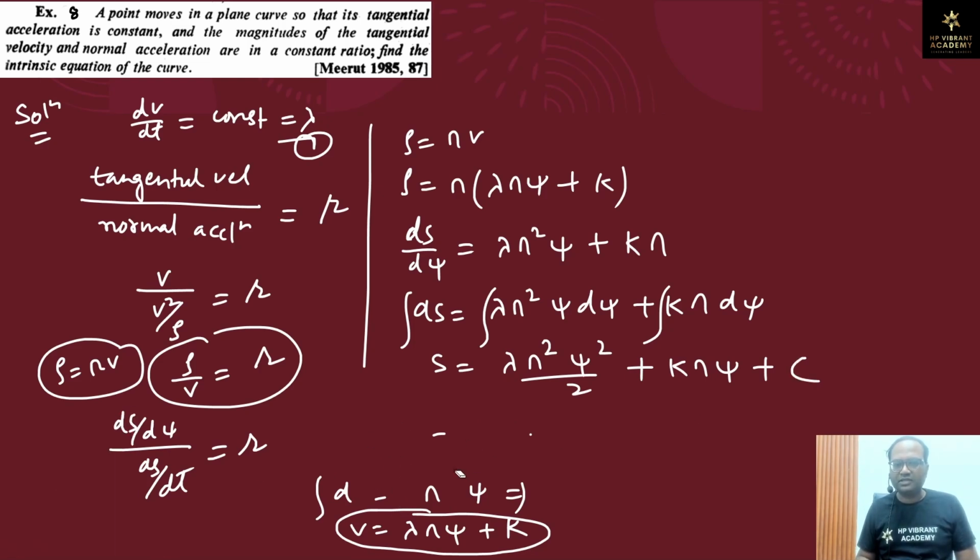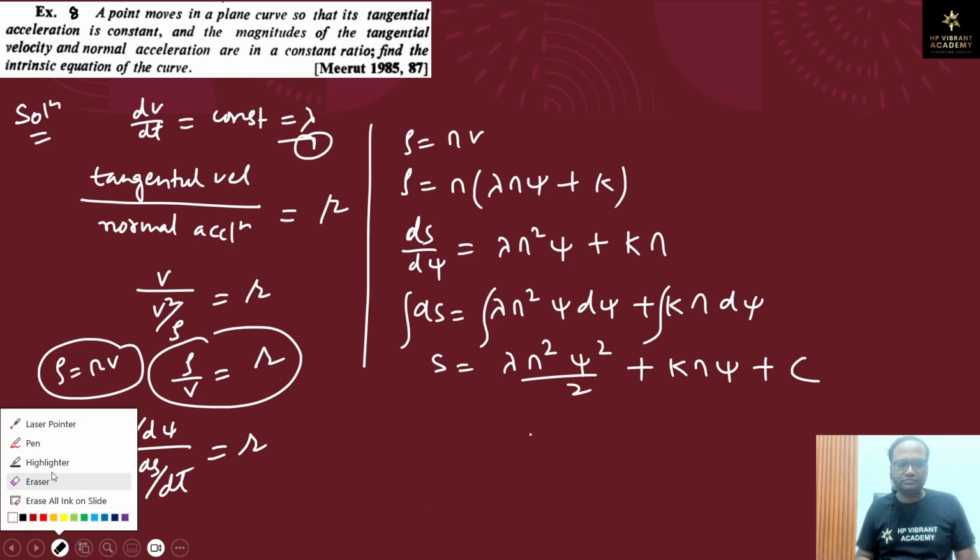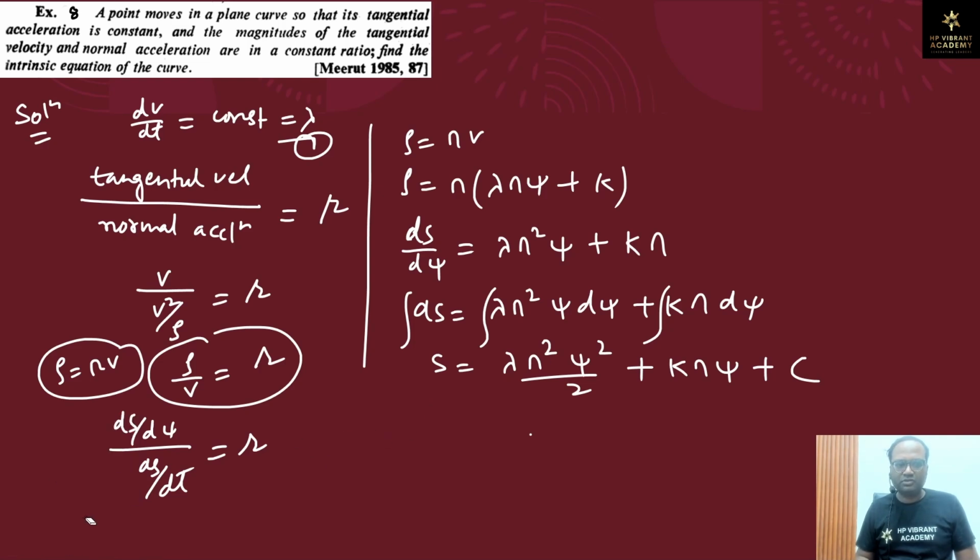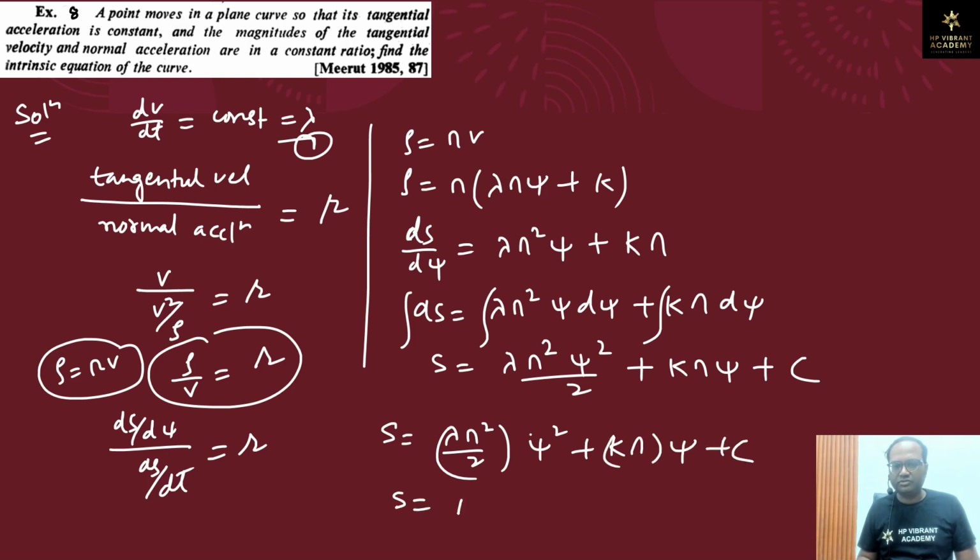So this we can write as s is equal to lambda mu square upon 2 psi square plus k mu into psi plus c. So this is equal to a psi square plus b psi plus c.